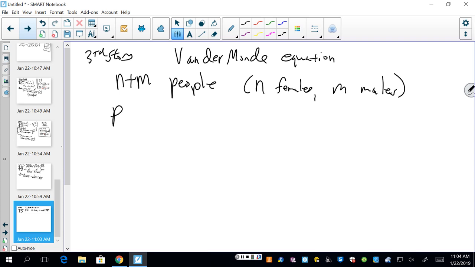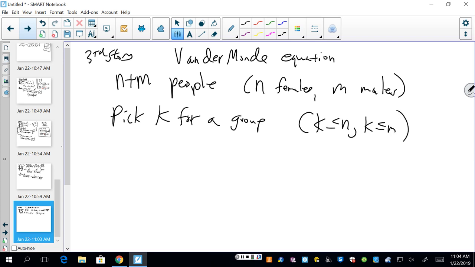And we're going to pick k for a group together. Now let's say, for simplicity, that k is less than or equal to m. So we could pick all females or all males. How many ways can we pick this?